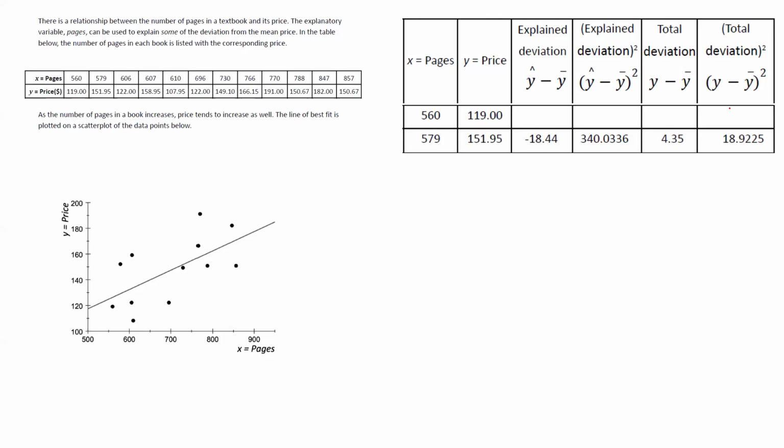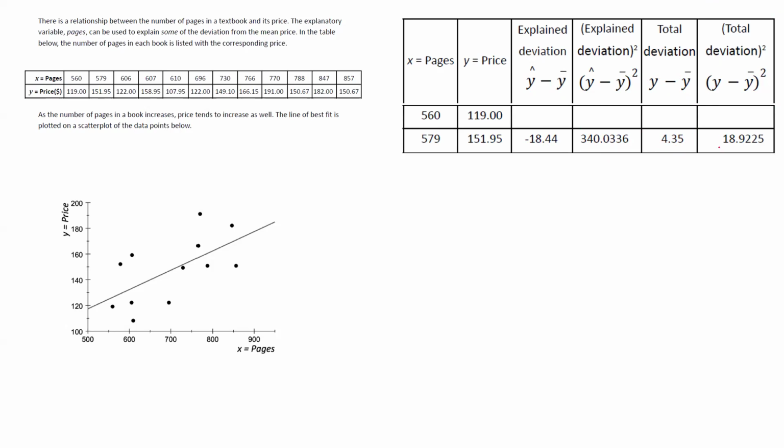151.95. So explained deviation for this is going to be negative 18.44. The predicted price minus the average. And then if you raise it to the second power, this is the number that you're getting, 340.0336. And total deviation y minus y bar, which is the actual price minus the average price, 4.35, and it's a positive value.